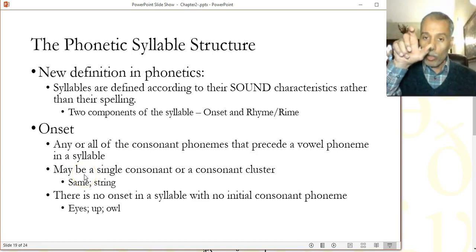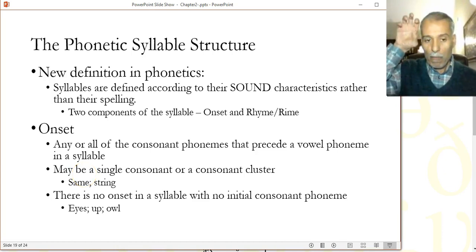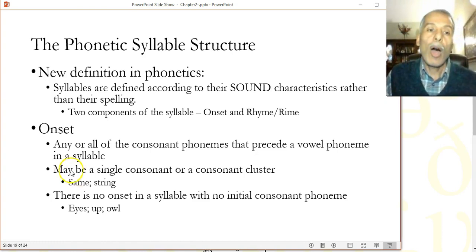So two big components of a syllable, onset and rhyme. The vowel is the core, the nucleus of the syllable. What comes before the vowel is called onset, and these are consonants. So again, S is an onset, and then aim, together, that is the rhyme.